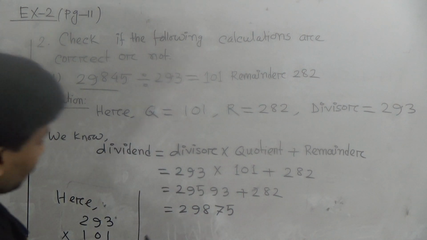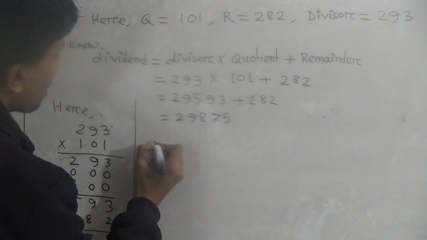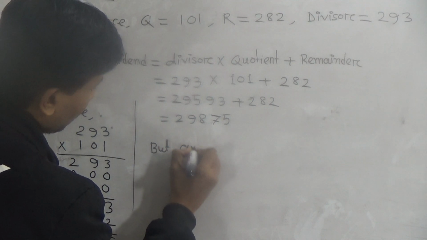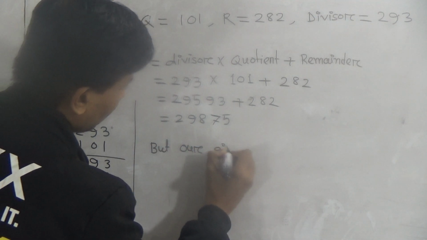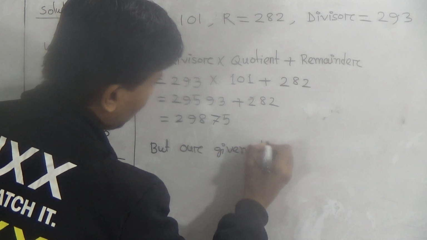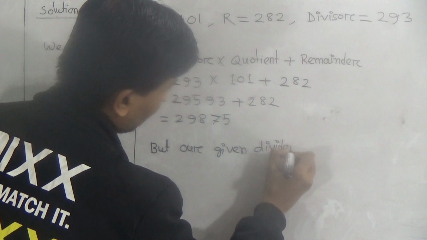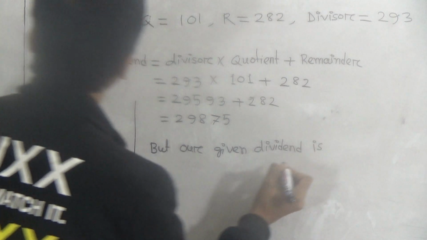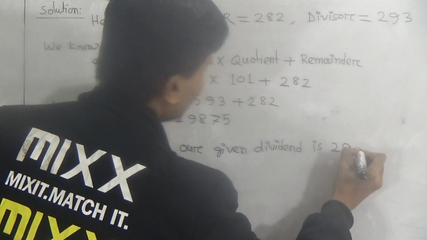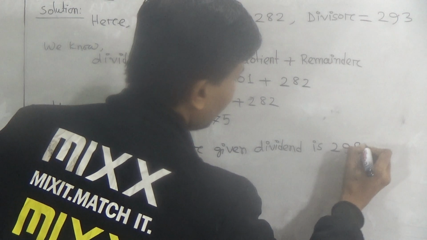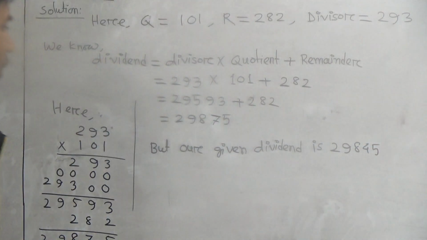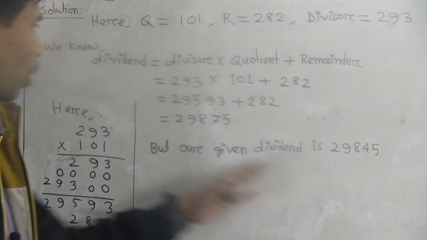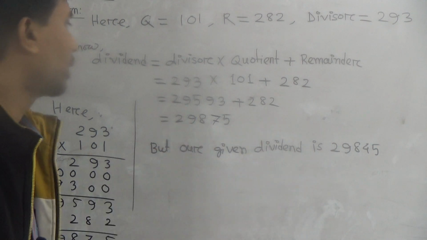Okay, now write here: but our given dividend is 29,845, but our obtained result is 29,875.